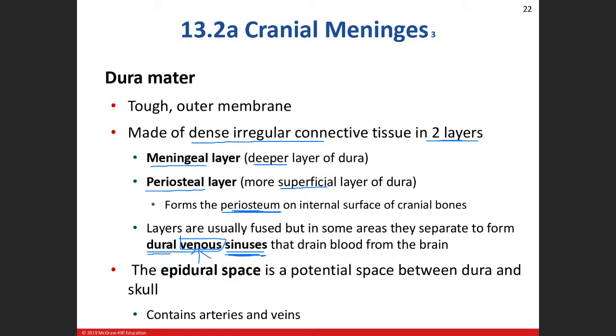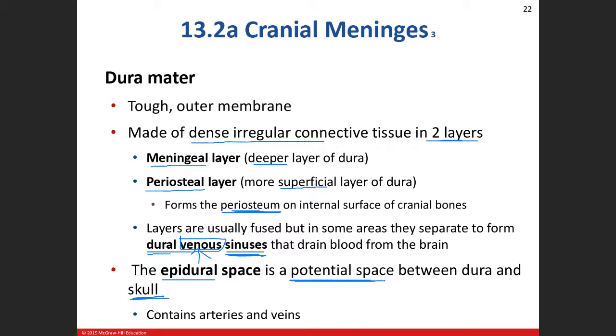All right, and then the last space that we're going to talk about is the epidural space. Again, this is another potential space. In everybody in this room, I'm hoping at least, there's nothing going on there. We should have that potential space, which means that the dura mater is adhering directly to the skull bone.